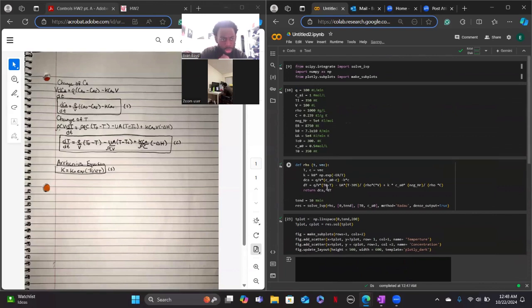Change the temperature. This looks correct, so I am kind of confused. What's the problem here? K times CA times a negative integer, negative entropy.